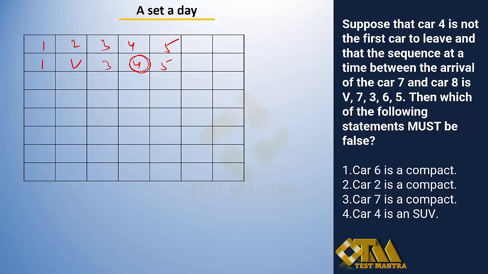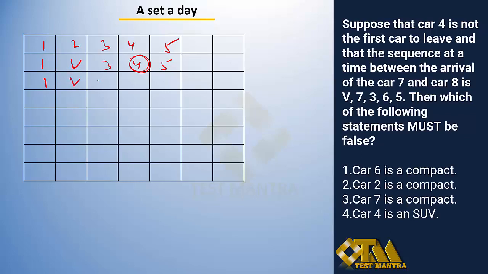So suppose I'm vacating car 4 here. There are two possibilities. Let's do one thing before moving car 4. Let's take another possibility here. This one, car 2, can be an SUV.